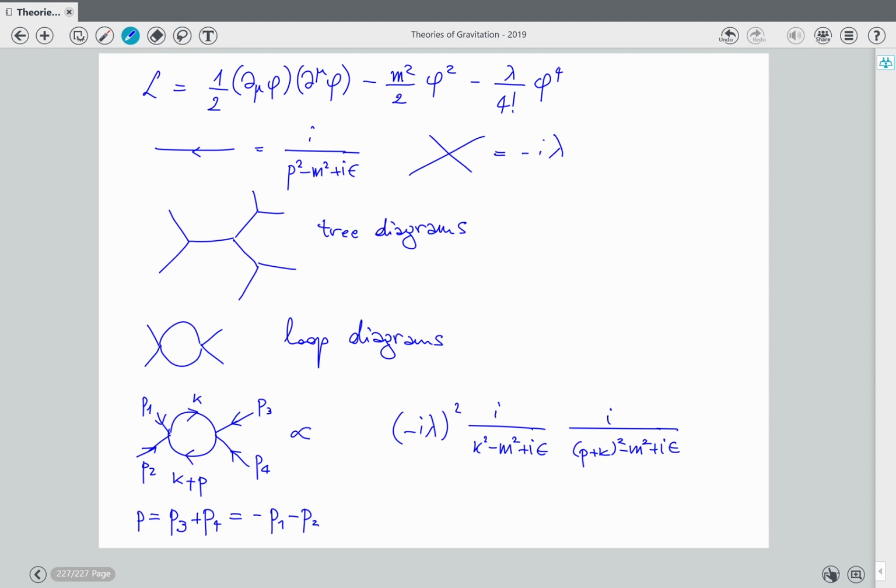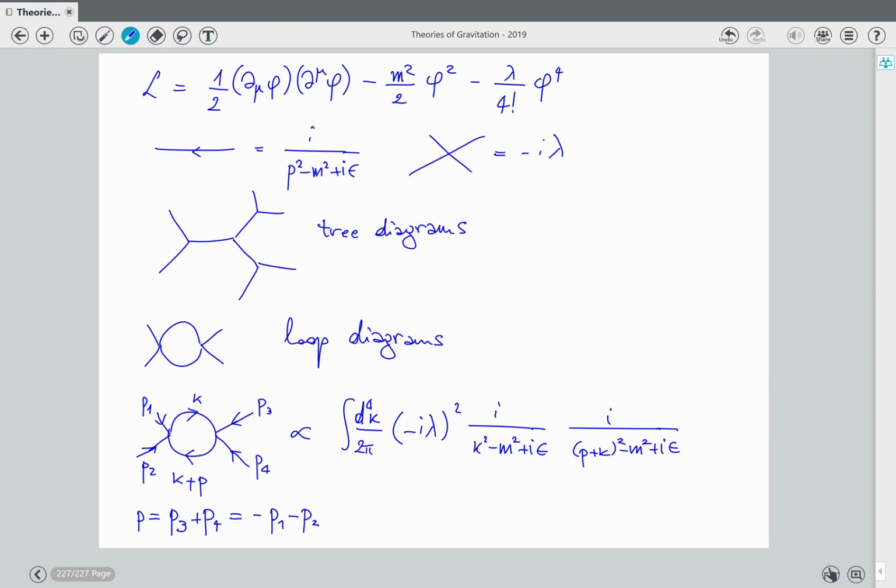Now you can see that you have one momentum more than the independent external momenta. The independent external momenta are 3 out of 4, because the fourth is fixed by the other 3, and k is free. Then you have to integrate over all values of k.